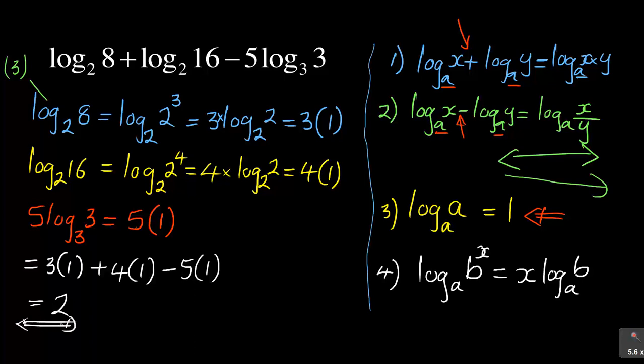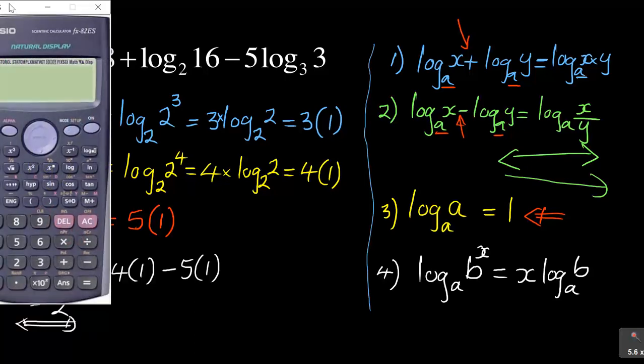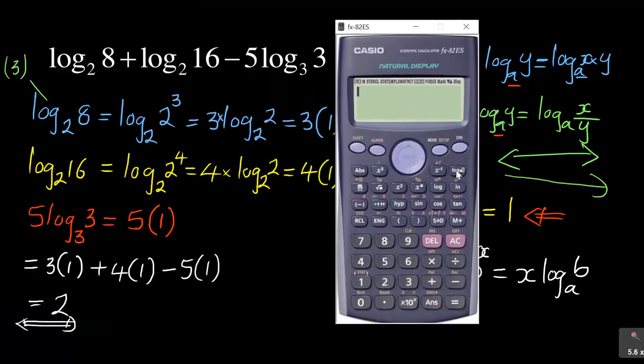You can also check it with a calculator on this one because it's just numbers. You punch all of it at once: log base 2 of 8 plus log base 2 of 16 minus 5 log base 3 of 3. If you simplify, you can see that it is giving you the 2, which is also the answer that we're getting there.